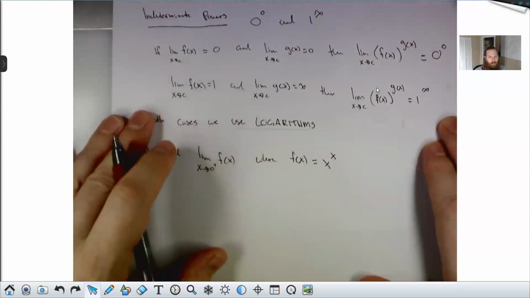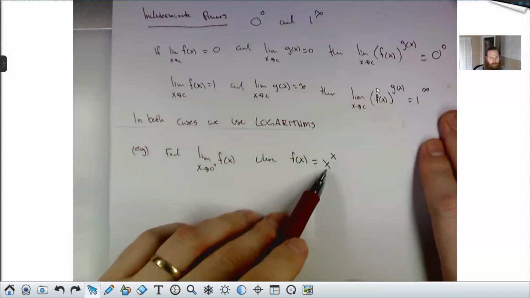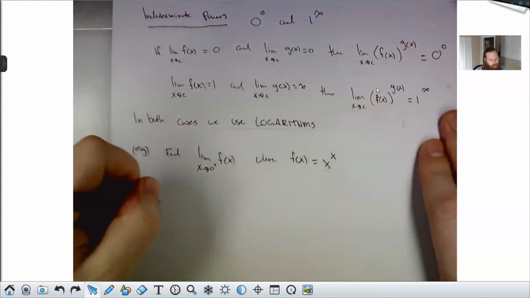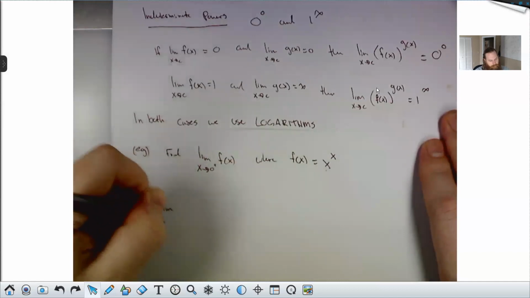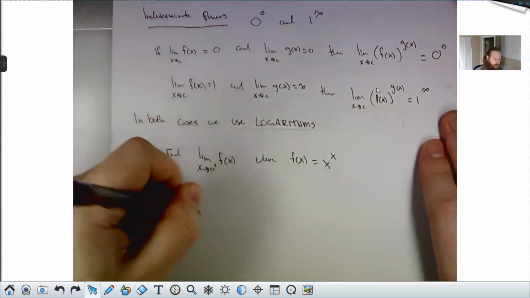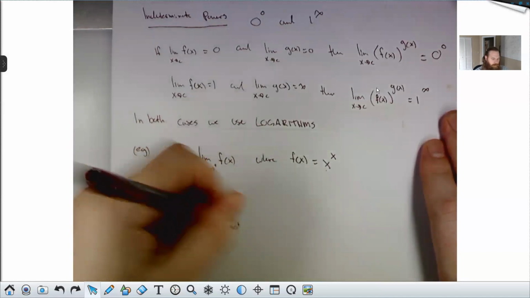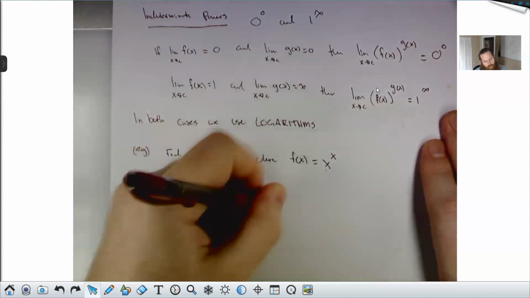Okay. Well, as x goes to 0, this definitely looks like 0 to the 0. So I'll say lim x to 0 plus of f of x would be lim x to 0 plus of x to the x.